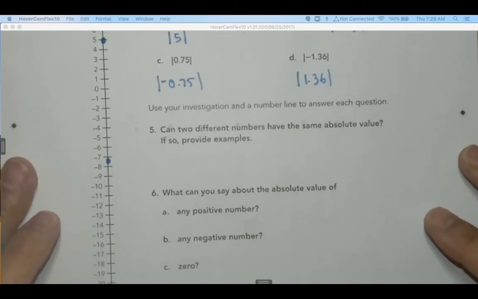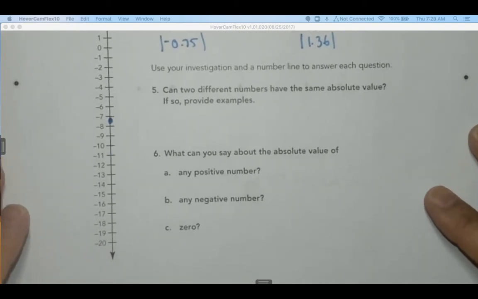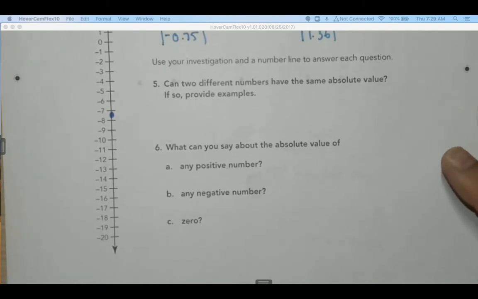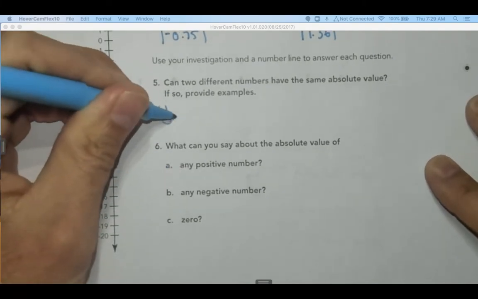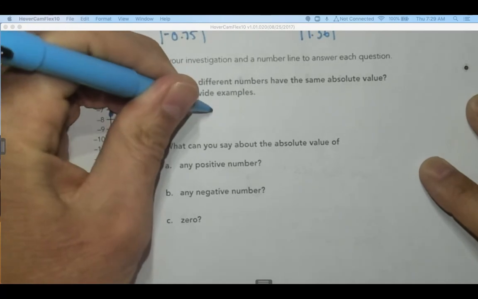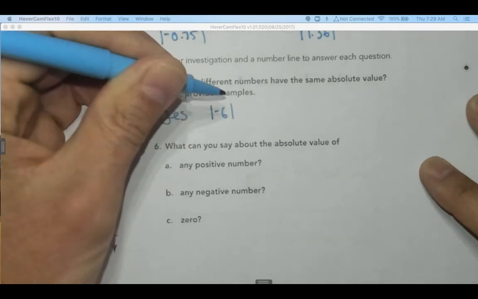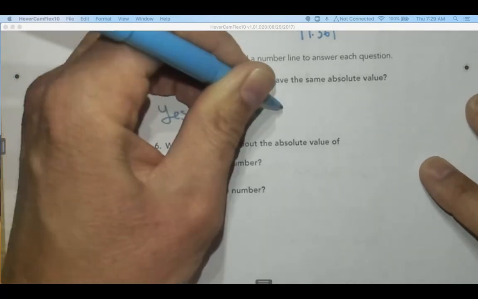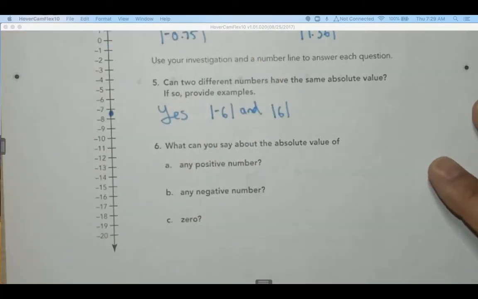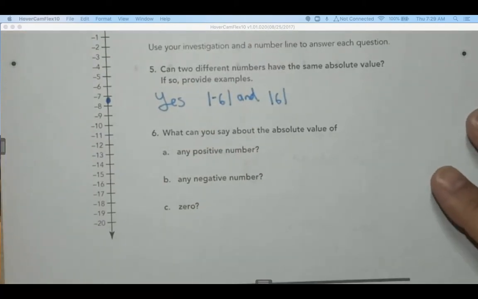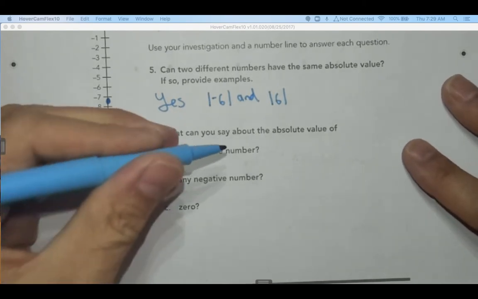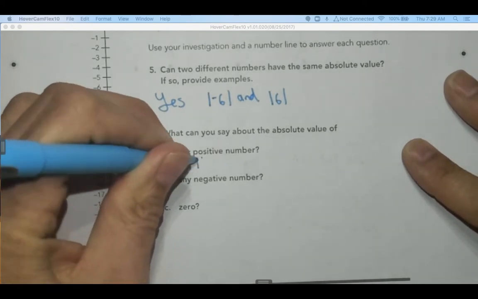Use your investigation and a number line to answer each question. Can two different numbers have the same absolute value? Yes. The absolute value of a negative number and that same positive number have the same value. What can you say about the absolute value of any positive number?